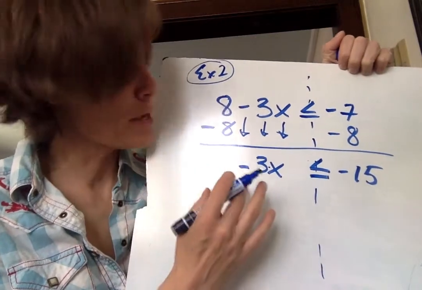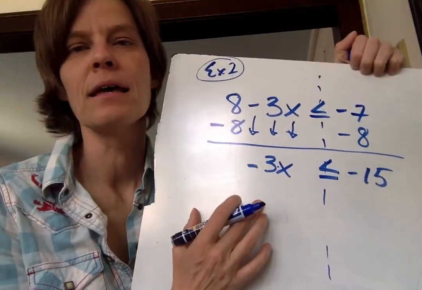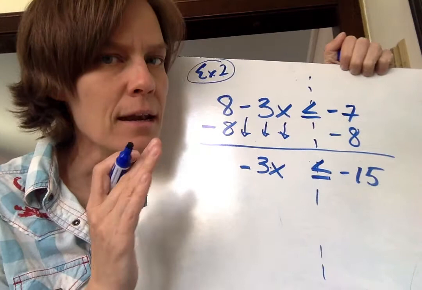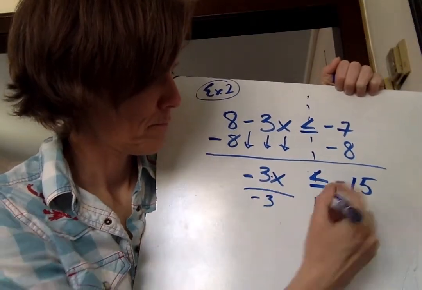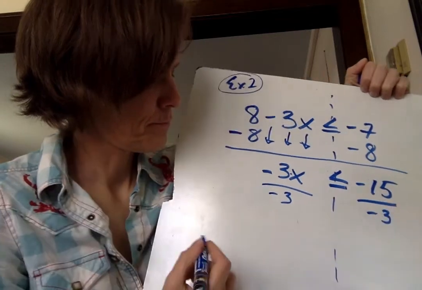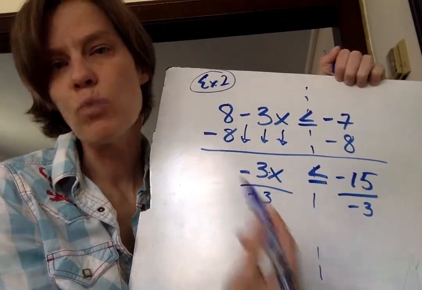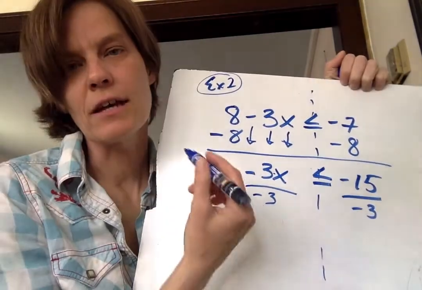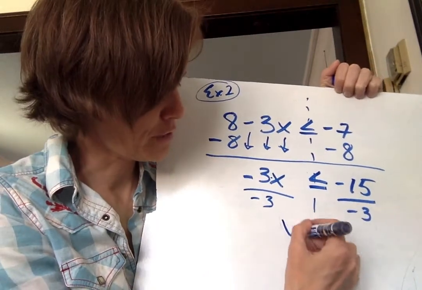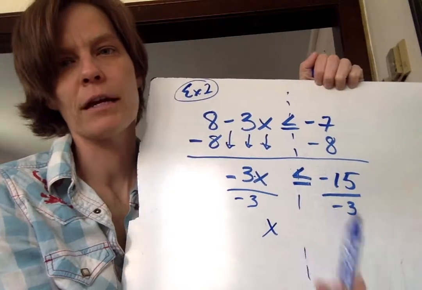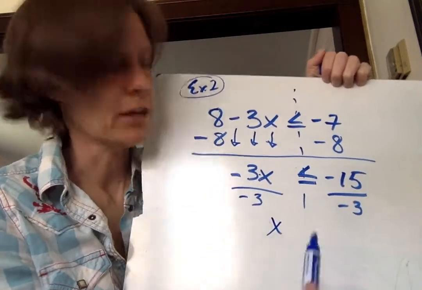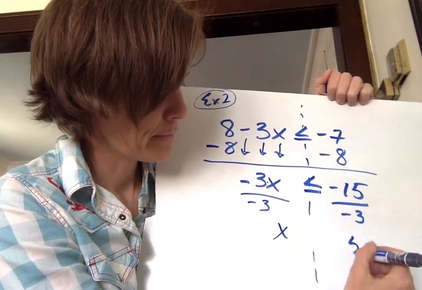The number we have to divide by is negative 3. Any number over itself is 1, which is the identity under multiplication, so we're left with just x. Negative 15 divided by negative 3, negative over negative is a positive. 15 divided by 3 is 5.